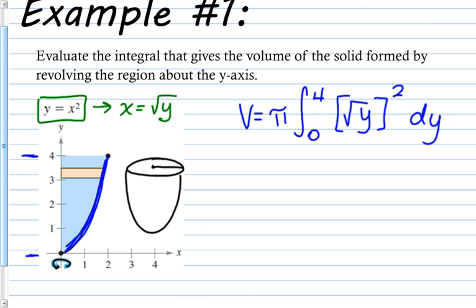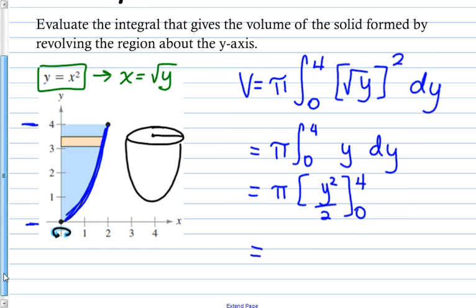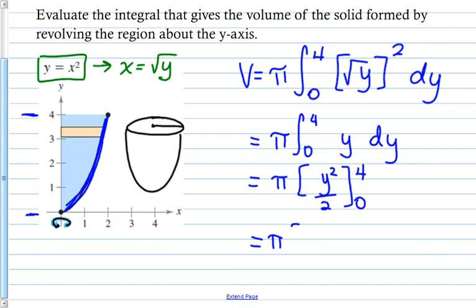Okay, so beautifully, that square root of y squared becomes y, which is nice. And then this is what we're actually integrating. So pi, integrate y, we get y squared divided by 2. And then this is being evaluated, sorry, from 0 to 4. So now we plug in the 4, we plug in the 0. So let's see.